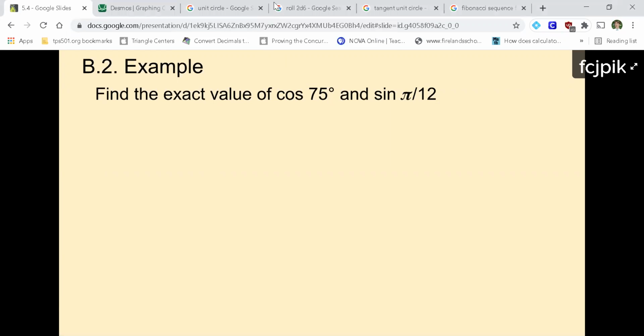But don't fret too much because they will remind you that you could use the sum and difference formula. I could rewrite the cosine of 75 degrees to be the cosine of 45 degrees plus 30 degrees.